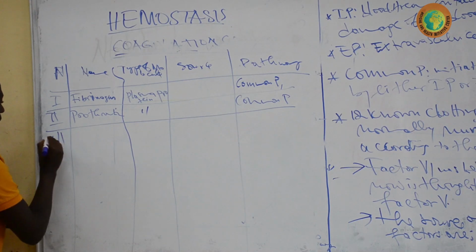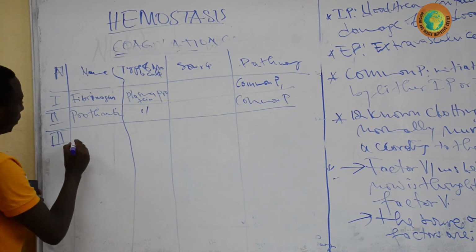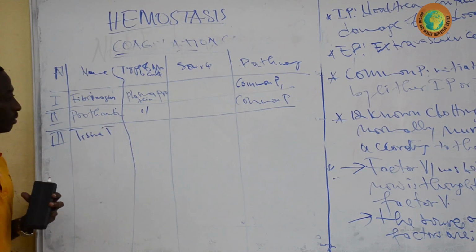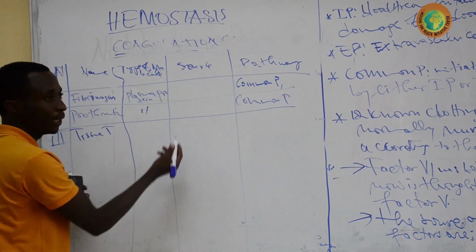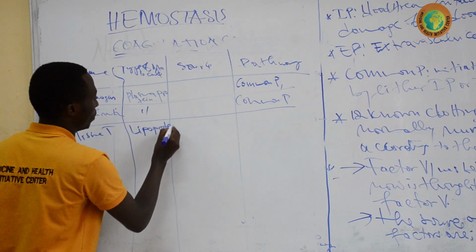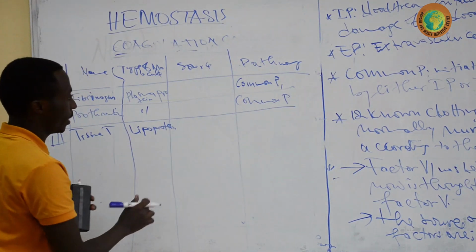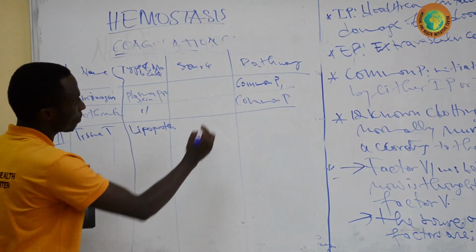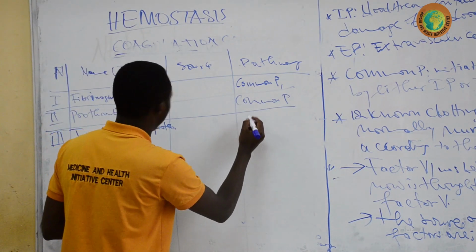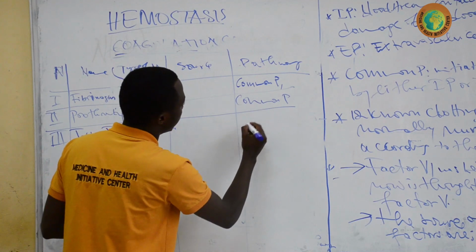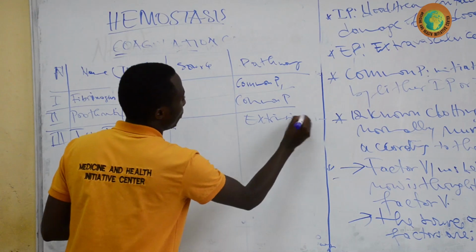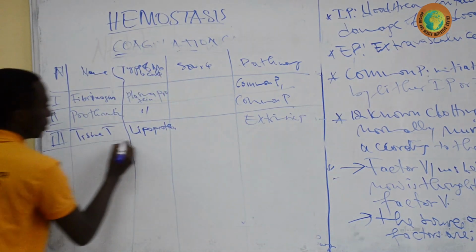The third is tissue thromboplastin, which is a mixture of lipoprotein. This is useful in the extrinsic pathway.